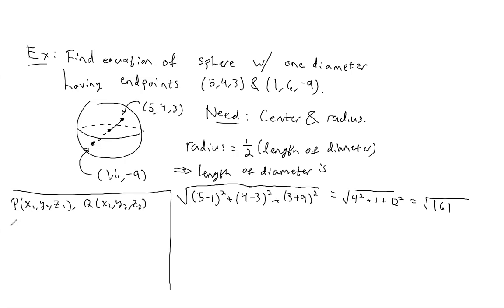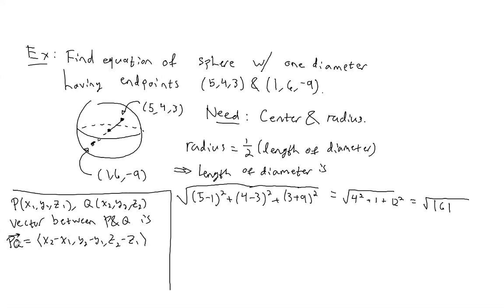The vector between P and Q is often written as PQ with a little vector over it, which is (x2 minus x1, y2 minus y1, z2 minus z1).